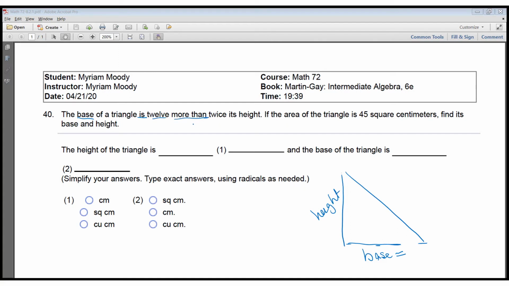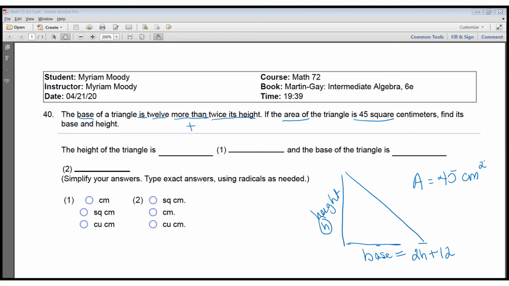What does more than mean? Good, addition. So I'm going to add the 12 to something. What am I adding the 12 to? Twice the height. So 2h. And what do you think I'm letting h represent? Yeah, h is representing the height. And what else did they tell me? They said the area of the triangle is 45 centimeters squared.